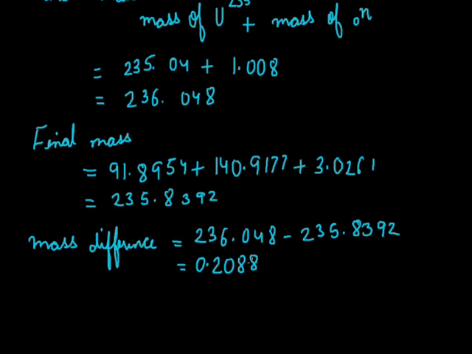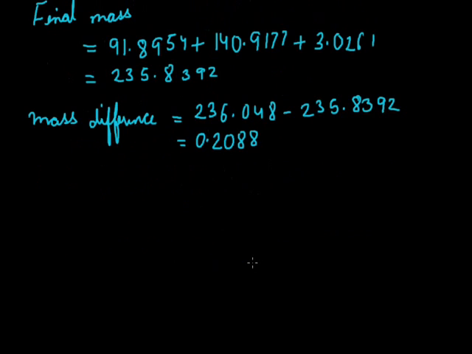This mass difference corresponds to the energy equivalent. So now we have to evaluate the energy which we were asked. For calculating the energy, we know that 1 AMU produces 931 MeV of energy.